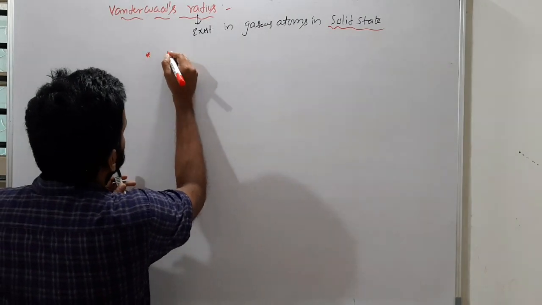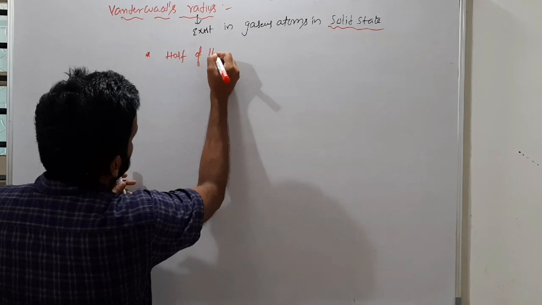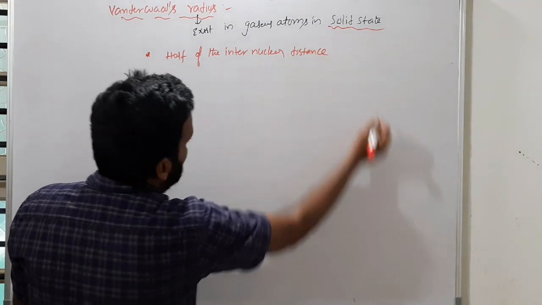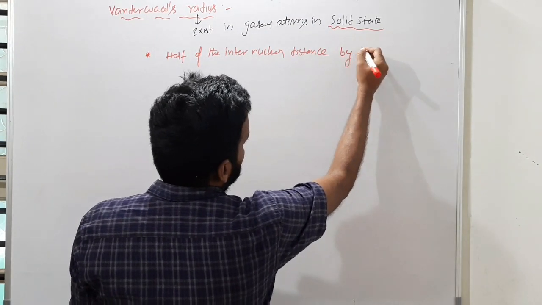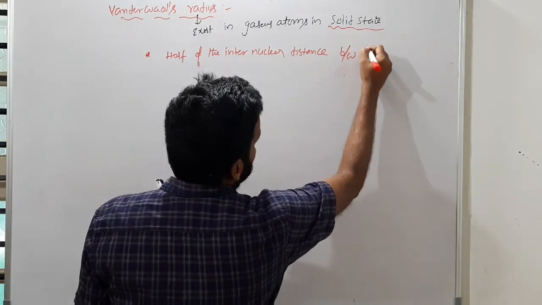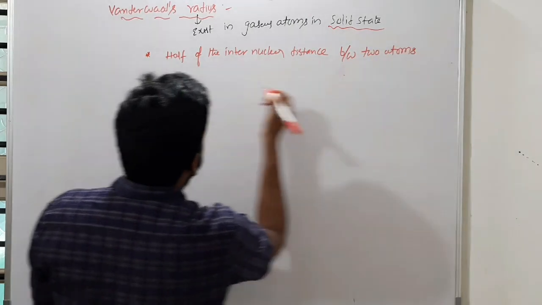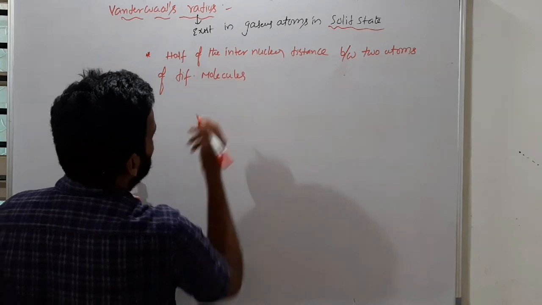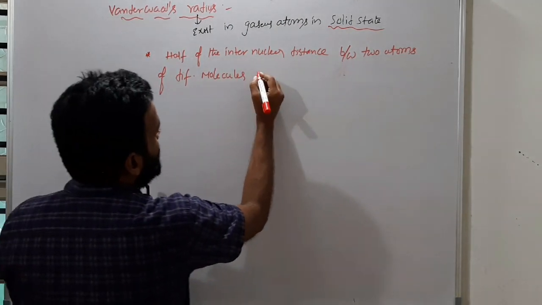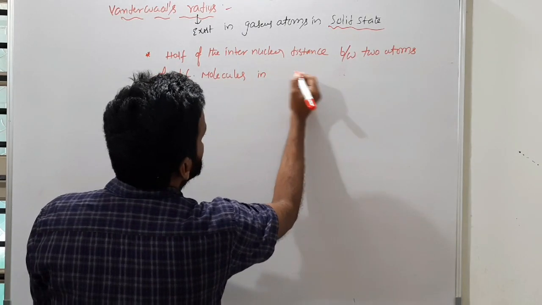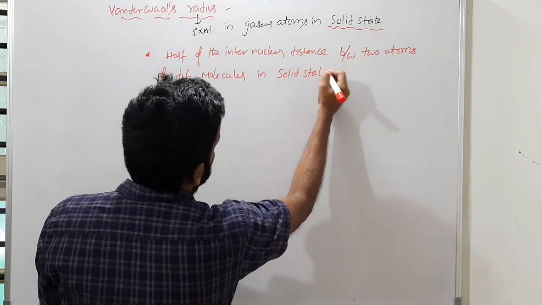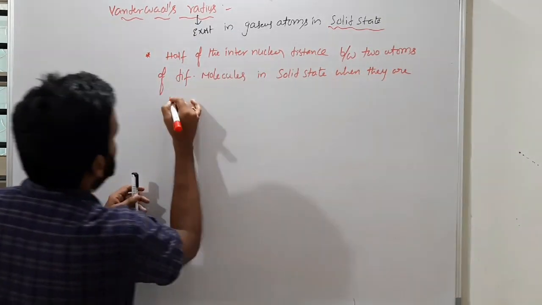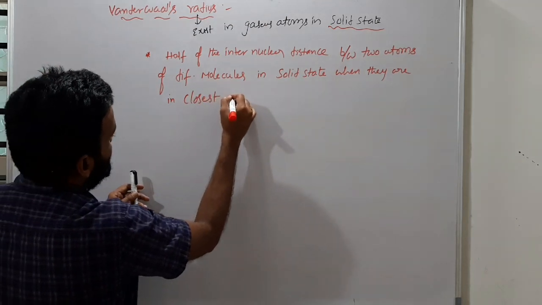So what is Van der Waals radius? It is half of the internuclear distance between two atoms of different molecules in solid state, when they are in closest approach.